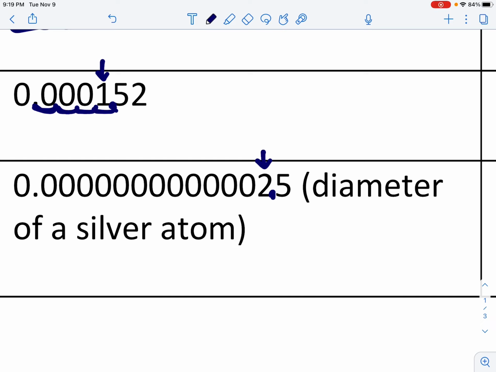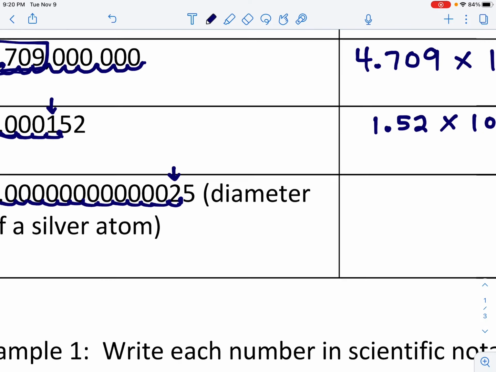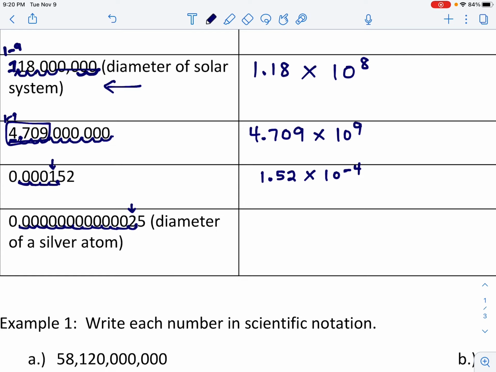Then we find out how many places we moved to get our decimal point there. So 1, 2, 3, 4, 5, 6, 7, 8, 9, 10, 11, 12, 13 places to the right. That's going to make it 2.5 times 10 to the negative 13.